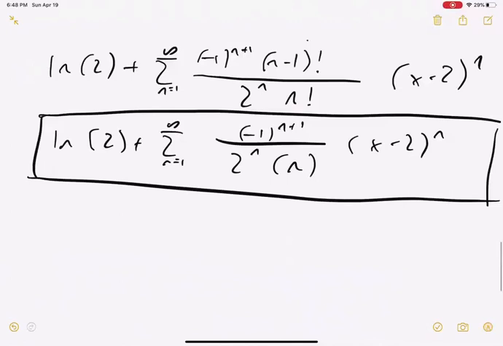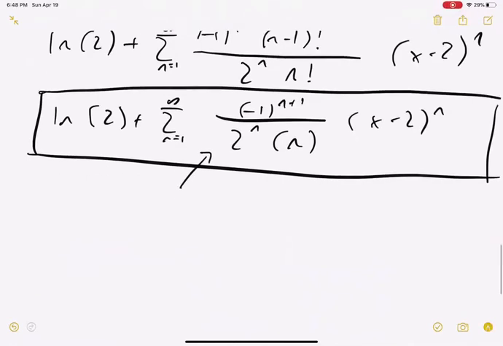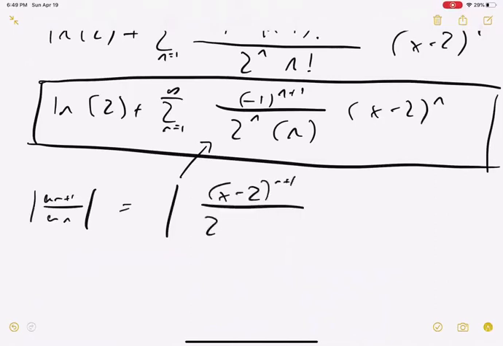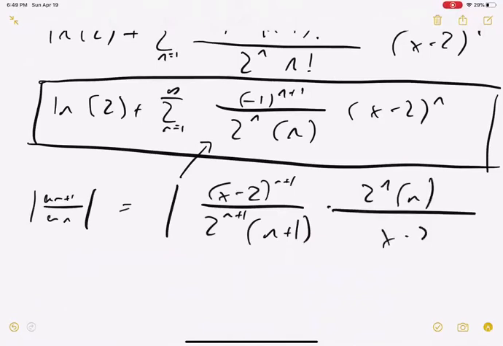And then the next thing we could do is ask about radius of convergence. So we're just going to do the ratio test applied to this series. Trying that, again ignoring any negative signs, I would have (x minus 2)^(n+1) over 2^(n+1)(n+1), times 2^n times n over (x minus 2)^n.